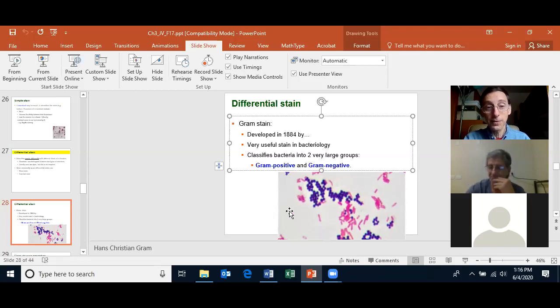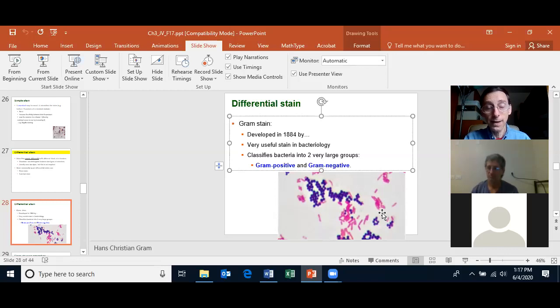Microbiologists, after Hans Christian Gram invented it, started using it, and then they realized that his stain was very useful in microbiology and bacteriology because it could differentiate between two very large groups of bacteria: the Gram-positive bacteria, which stain purple, and the Gram-negative bacteria, which stain pinkish.